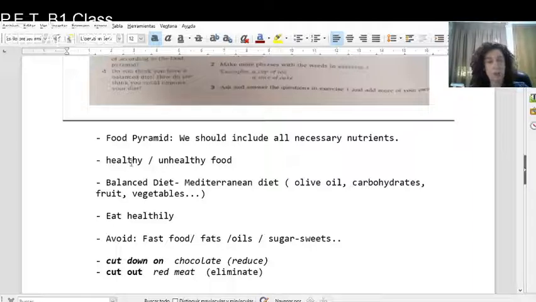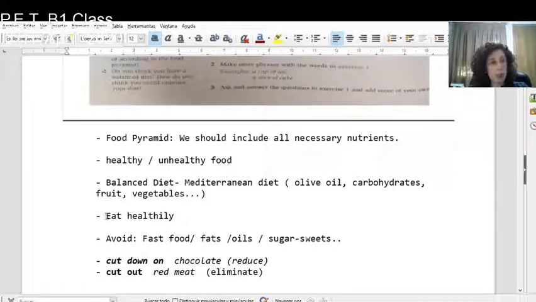The adjective healthy, and unhealthy is the opposite. We should have a balanced diet. The Mediterranean diet is one of the best. Why? It consists of olive oil, carbohydrates, fruits, and vegetables. If we follow a balanced diet, we usually stay healthy.